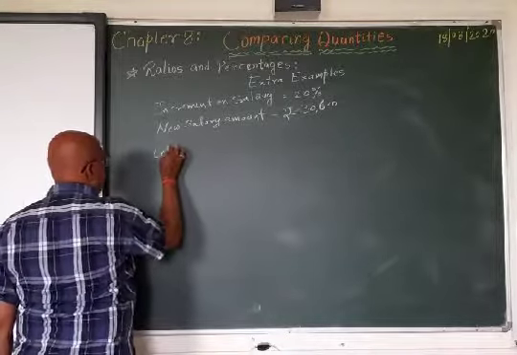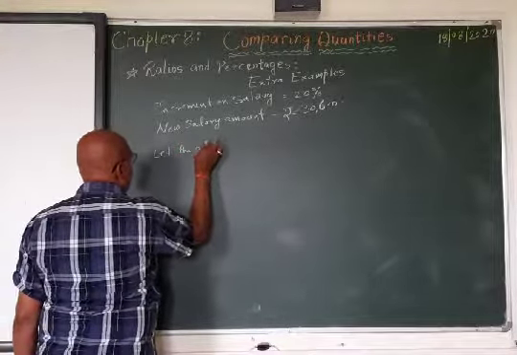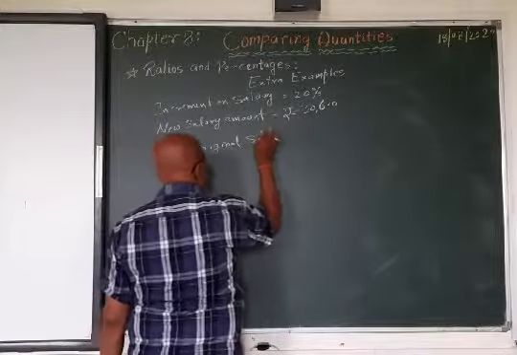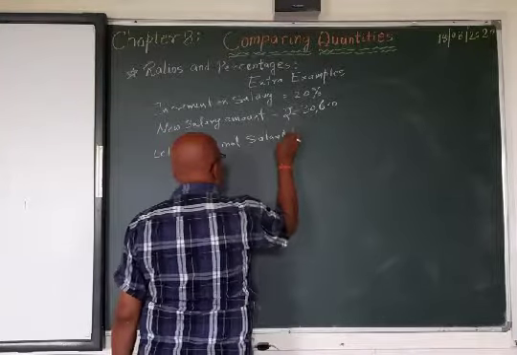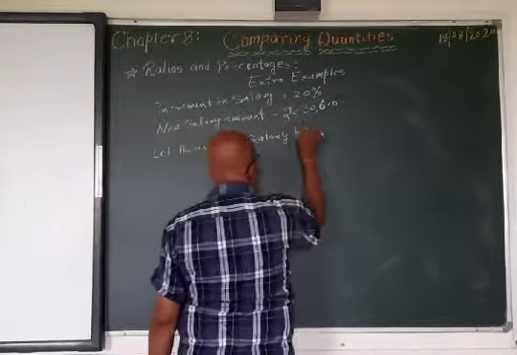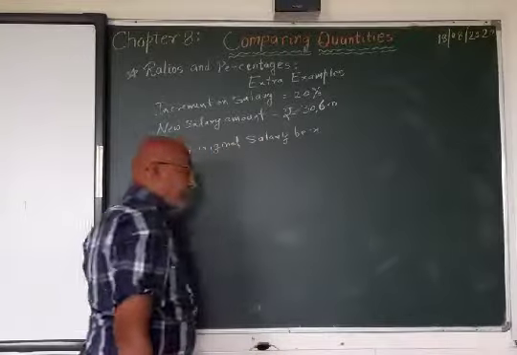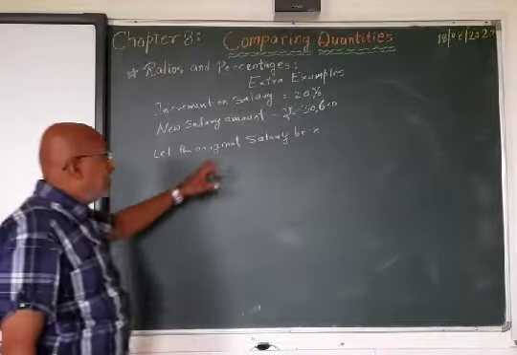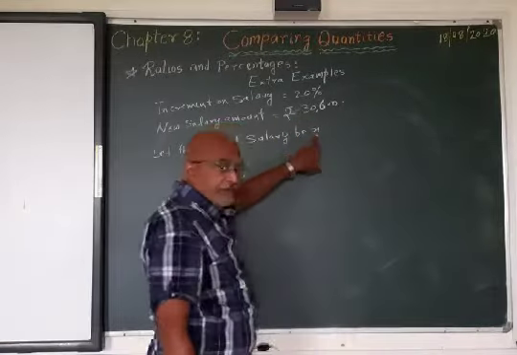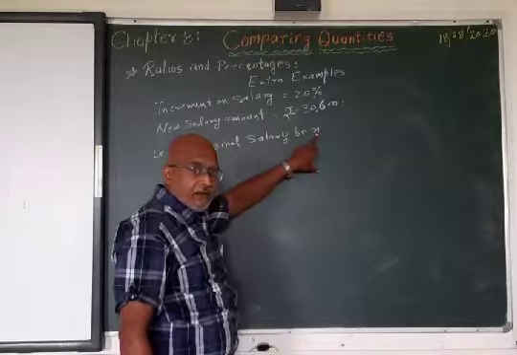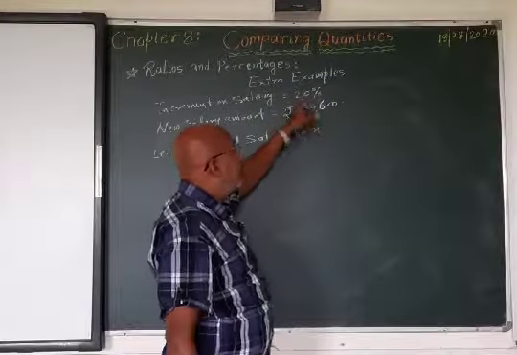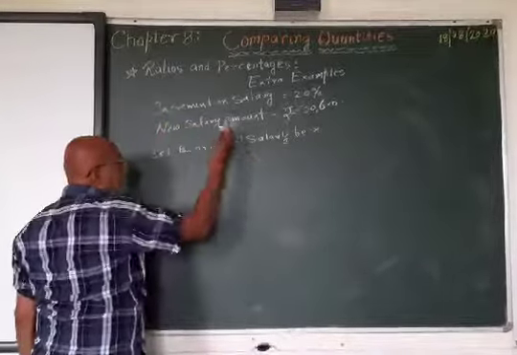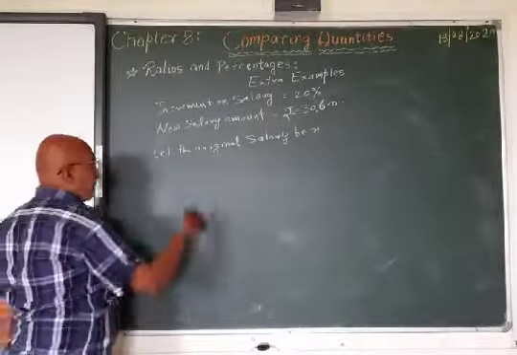Let the original salary be X. Now this salary is 100%, and this salary is 100 plus 20, that means 120%. So we can draw both into the ratios.